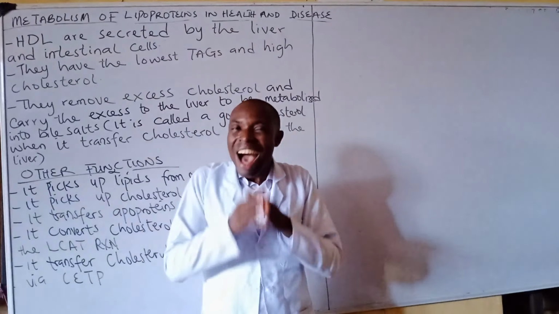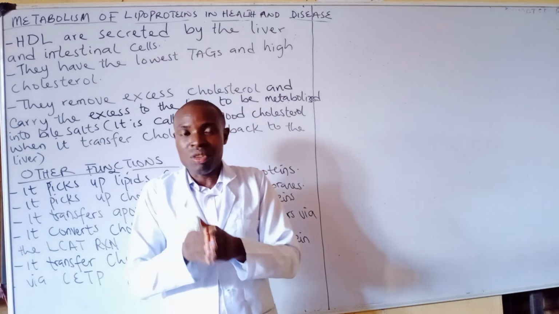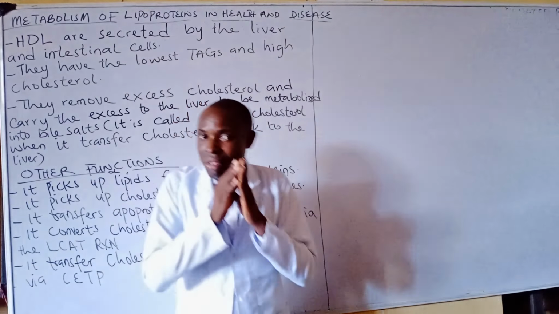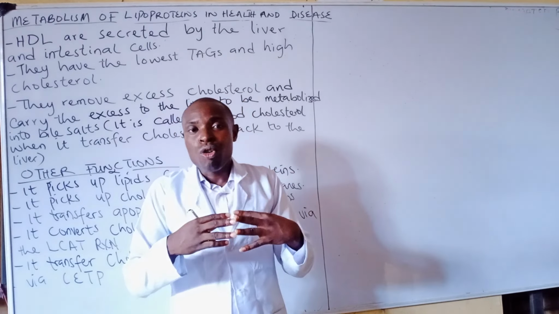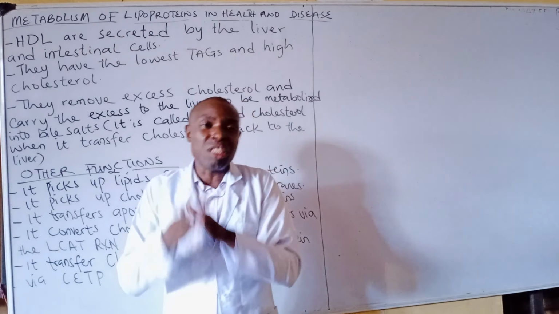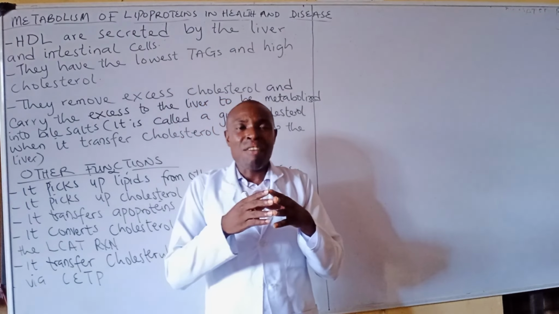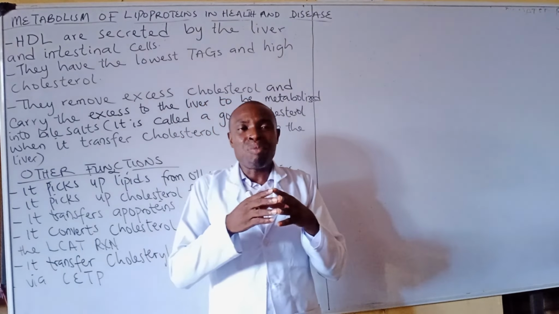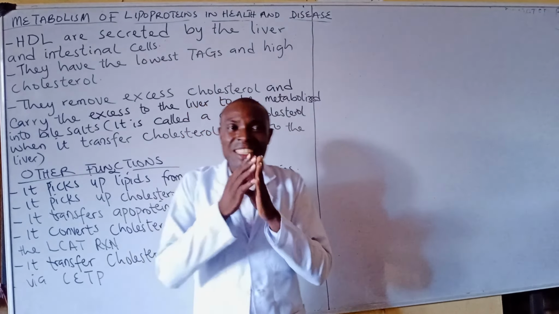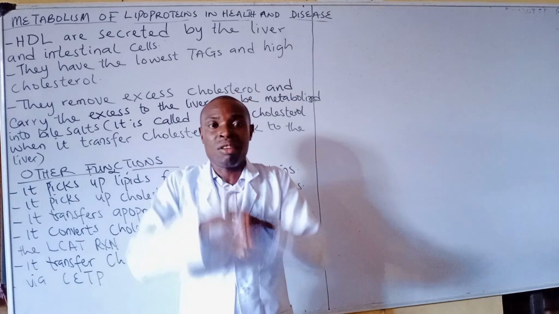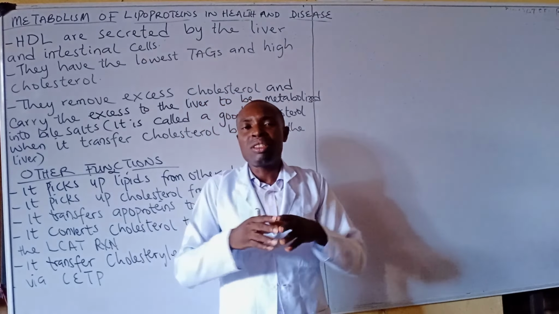The LDL are bad cholesterol in the sense that, since they transport cholesterol into the body, there have been cases whereby they are linked to coronary heart disease and atherosclerosis, which obstruct blood vessels and cause strokes.